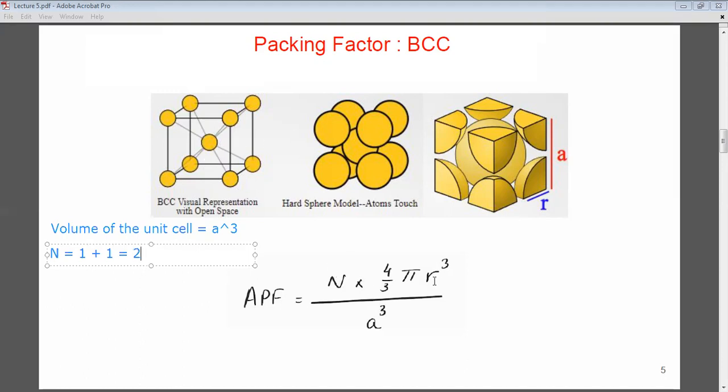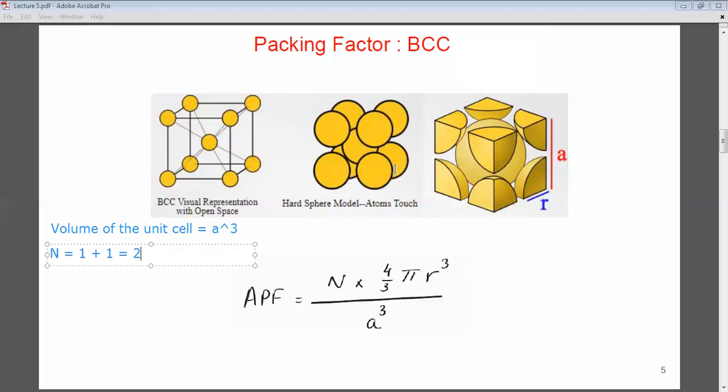Now I want to find a relationship between A and R so that I can work with this equation. What happens in reality? This is just a schematic in order to see it clearly, but when we really put hard sphere models, we see that if we look at the top layer, no one is touching anyone.